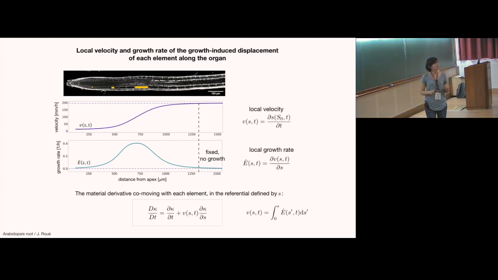What do you mean by maximal distance of the root? I'm not sure I understand what you mean. Maximum size? So you're asking whether this is a universal thing for all plants? No, there's nothing universal in biology.